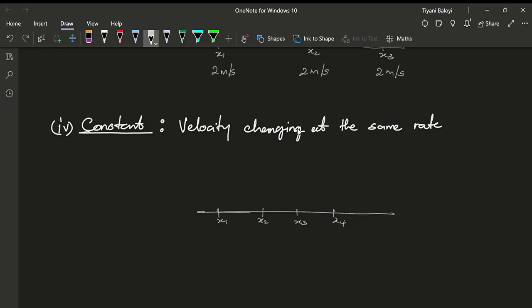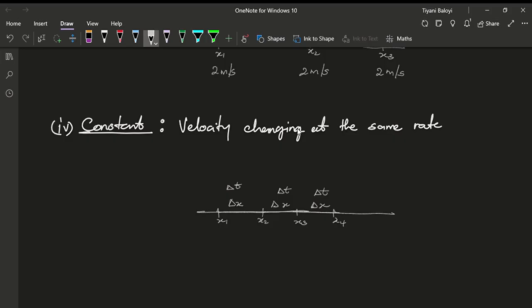Let's say these are uniformly spaced, so the distance here is the same. I know it doesn't look like that, but let's just say it's the same. And also the time is the same, right?